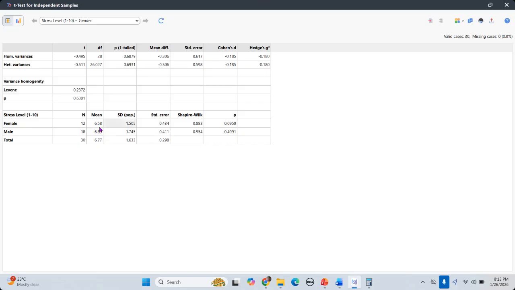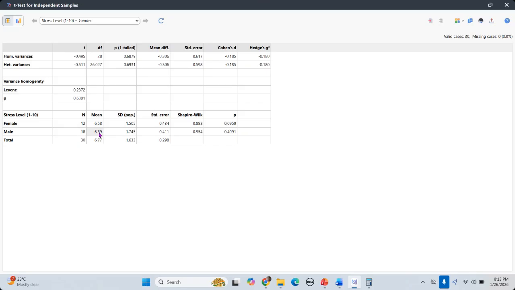If you look at the mean score, as compared with the female employees, males have a higher level of stress. I can see a difference between male and female of somewhere close to 0.30. Very nominal, very less. I can say very negligible.